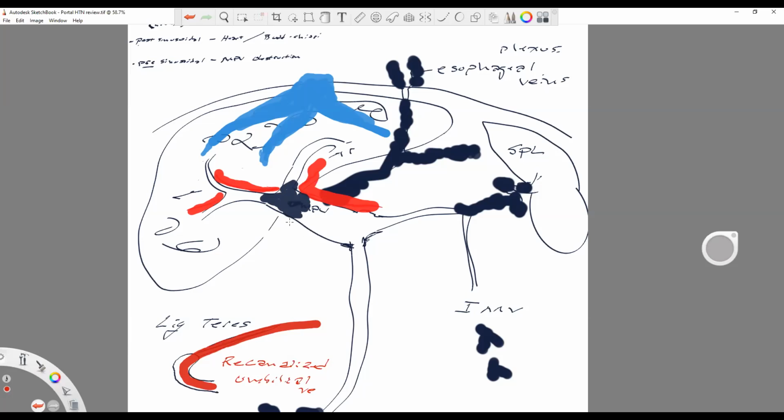What you end up having, let's do purpley color for portal blood, what you end up having is there's always little veins that can bypass.